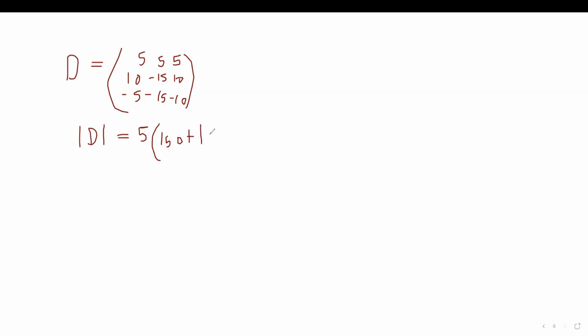Yeah, plus 150. Then it's going to be minus 5 times in bracket. Cross out this row and this column. I get minus 100 plus 50.